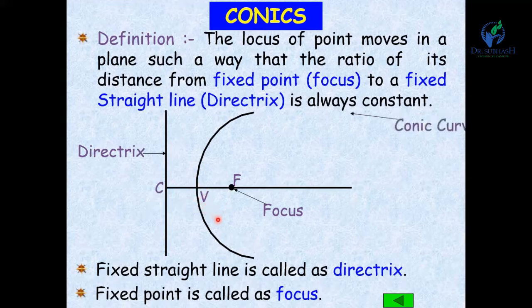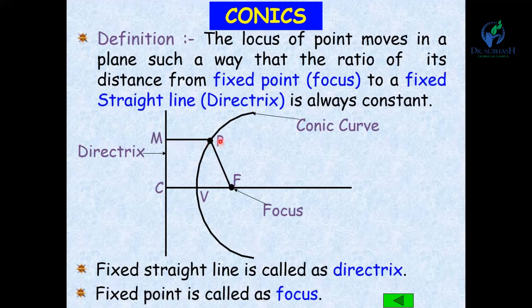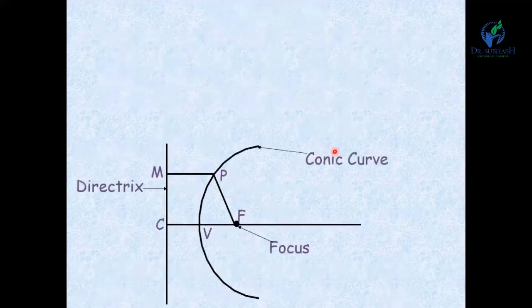So V is the vertex and this is the conic curve. Now if you take one point P on this conic curve, join PF. The distance of the point P from the directrix is PM, and the distance of the point P from the focus is PF. So as per our definition, the ratio of its distance from the fixed point, that is PF by PM, is constant.